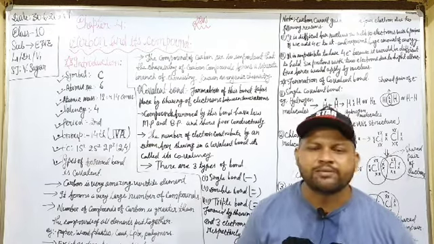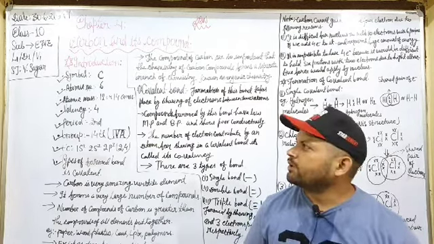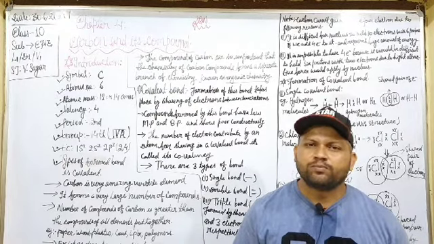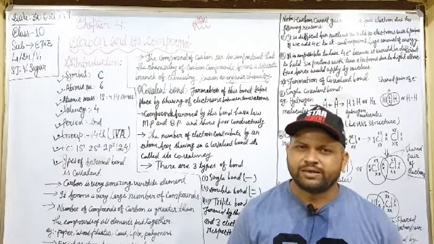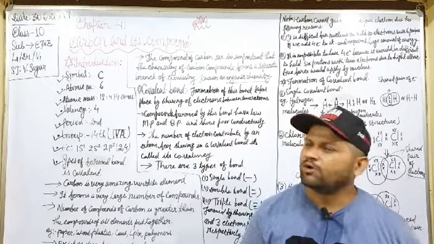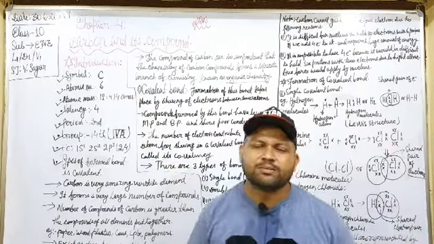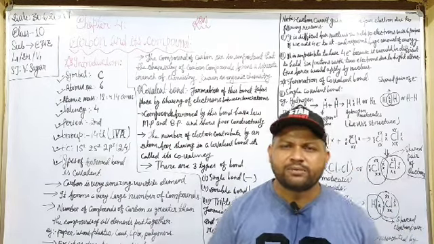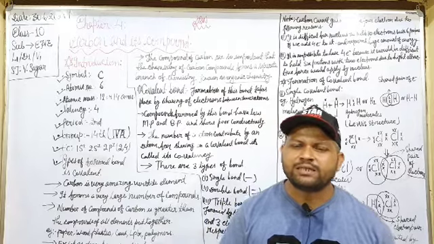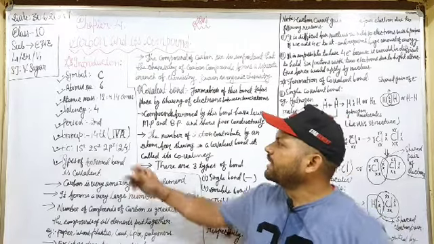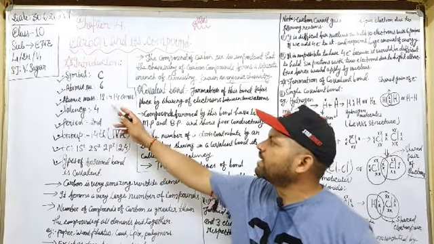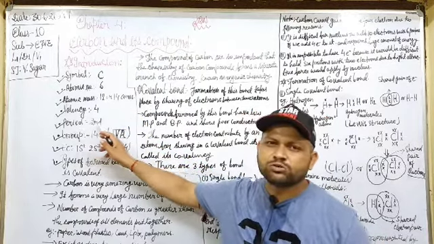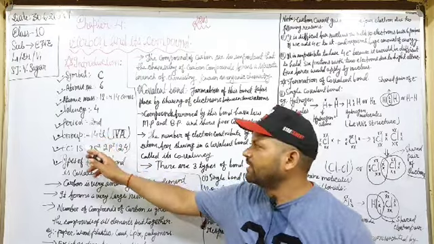First of all I am going to introduce carbon. Carbon belongs to the second period of the periodic table, and its symbol is C. Carbon is represented by C, which has atomic number 6 and valency 4, and the atomic masses of carbon are 12 and 14.